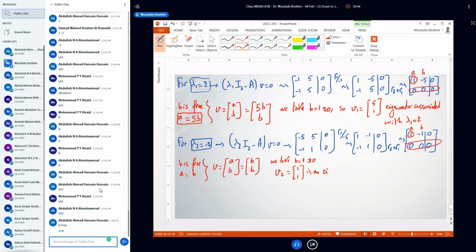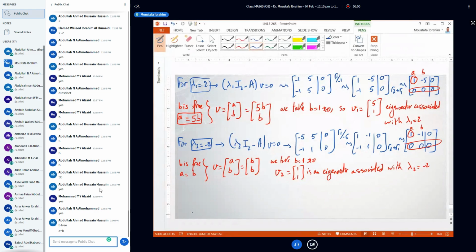We can fix any B to get another eigenvector. It is one of the eigenvectors associated with lambda 2 equal to negative 2.